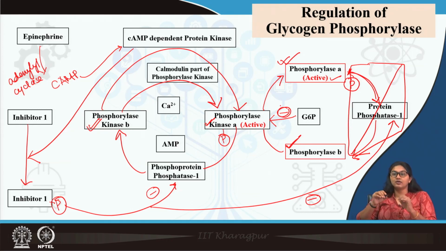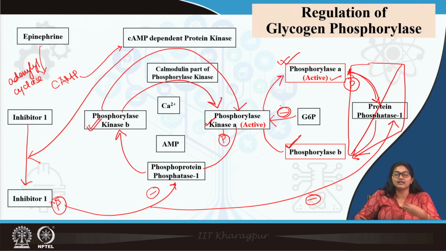Glucose 6-phosphate, remember, inhibits phosphorylase kinase. Glucose 6-phosphate comes from glycolysis. If there is a huge amount of glucose which is forming glucose 6-phosphate, it means we do not need breakdown of glycogen.